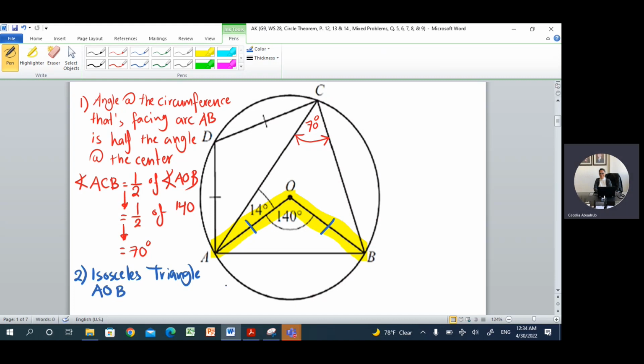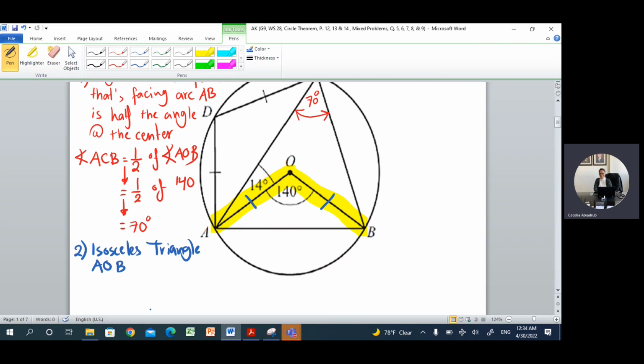Okay? We can actually say that angle OAB is equal to angle ABO, and they're both equal to 180, which is the sum of angles in a triangle, minus the known angle, which is 40, divided by 2.